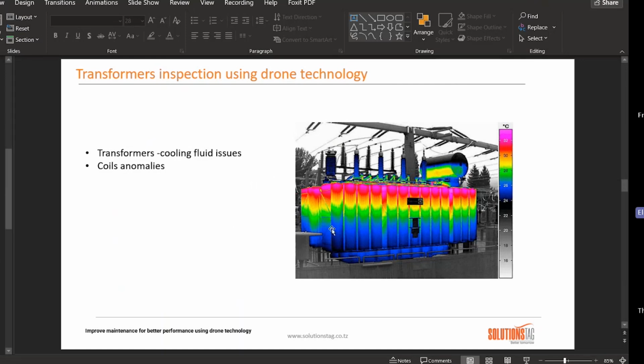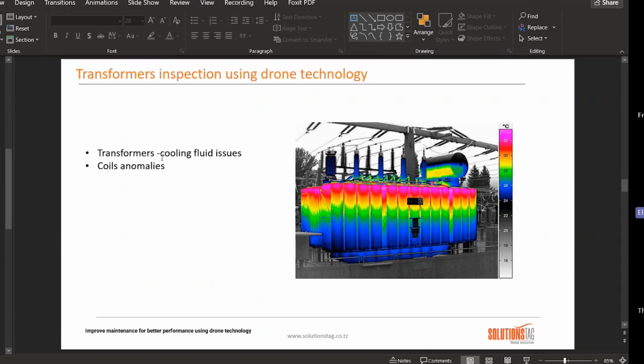For example, inside the transformer, we have cooling fluids, which help to maintain the optimal temperature of the transformer. So once you see different heat signatures from the image, that means part of the transformer is not being cooled properly. So maybe there's some issue with the cooling fluid movement inside the transformer.